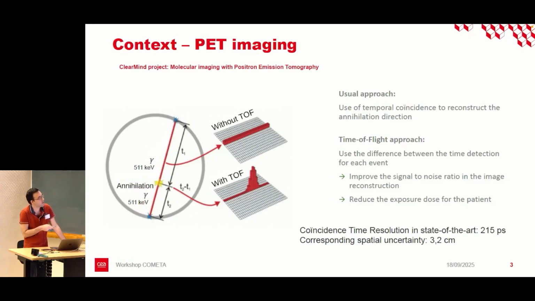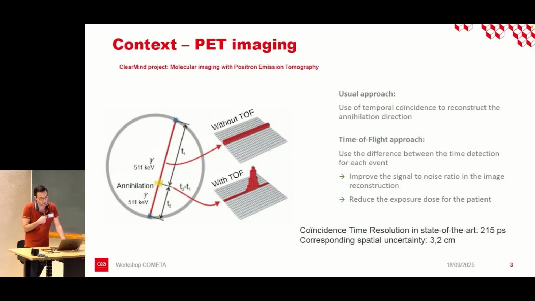And the same for several events. By knowing the time of flight, we are more precise event by event, so we need fewer events in the list to be able to localize more precisely the position of the annihilations and the position of the sources inside the body.